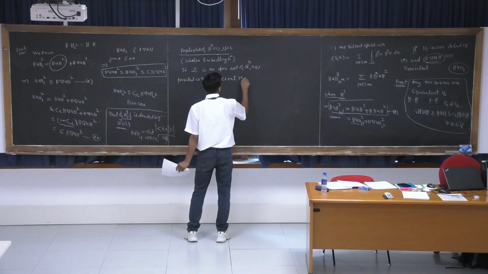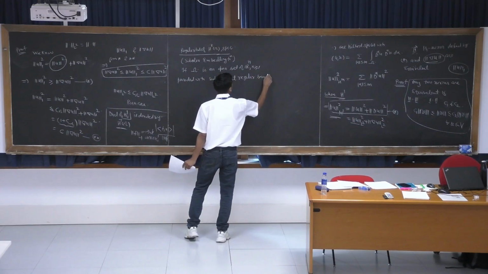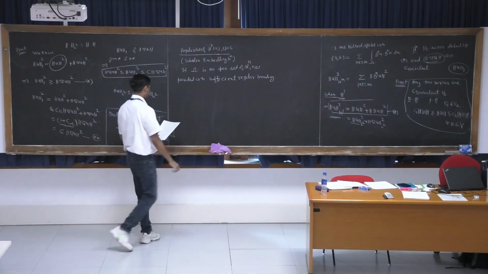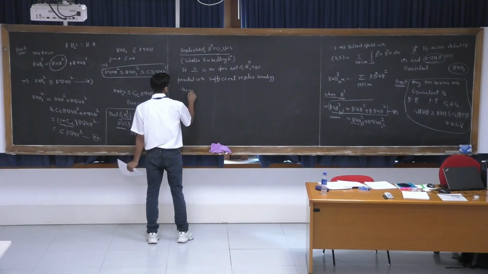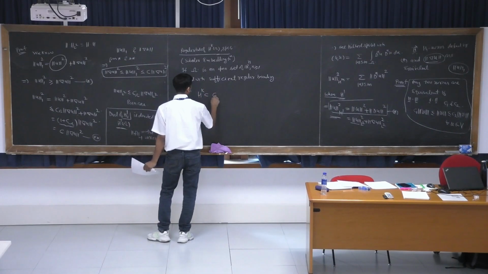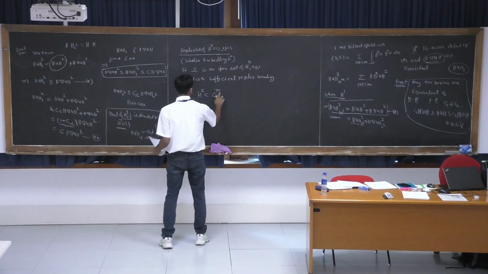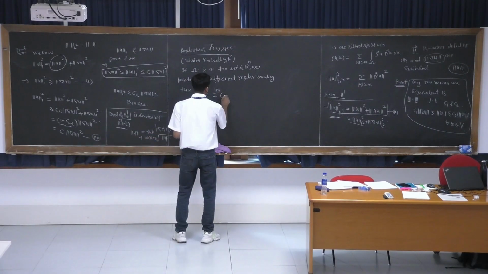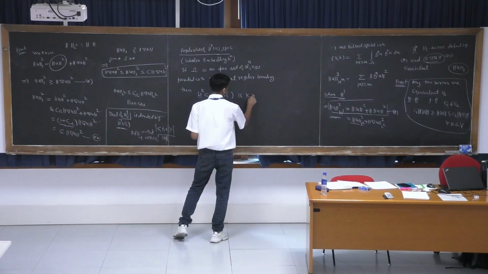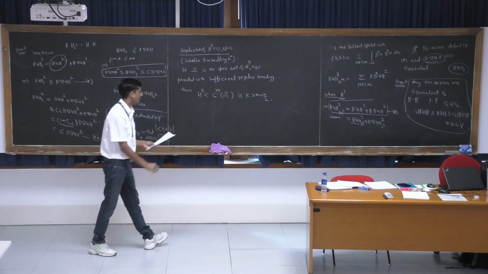sufficiently regular boundary of this Omega, then H^k spaces contain C^m bar, if k is greater than m plus n by 2.